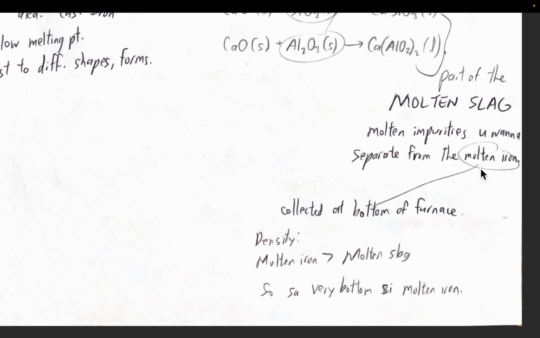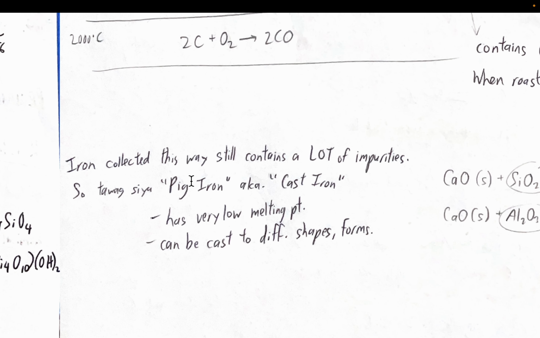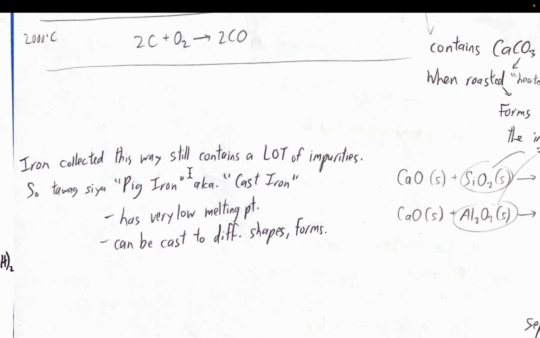You collect the molten iron at the bottom of the furnace. The science behind this is that the molten iron's density is greater than that of the molten slag. So in that sense, you can collect molten iron from below at the very bottom, and the slag somewhere above. Iron collected this way still contains a lot of impurities, so you call it pig iron or cast iron.